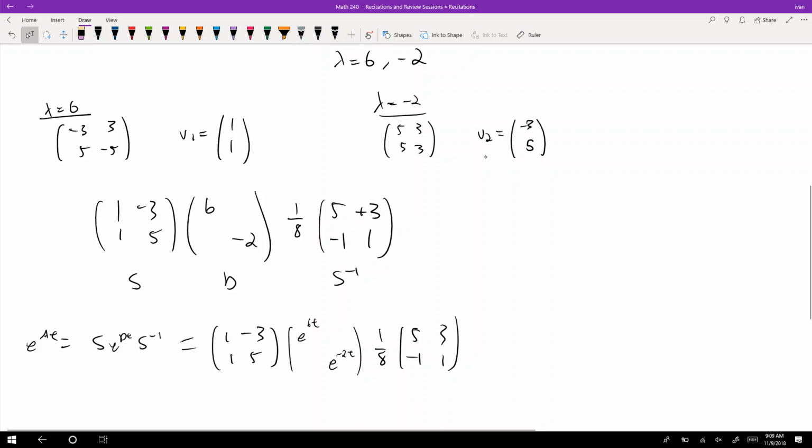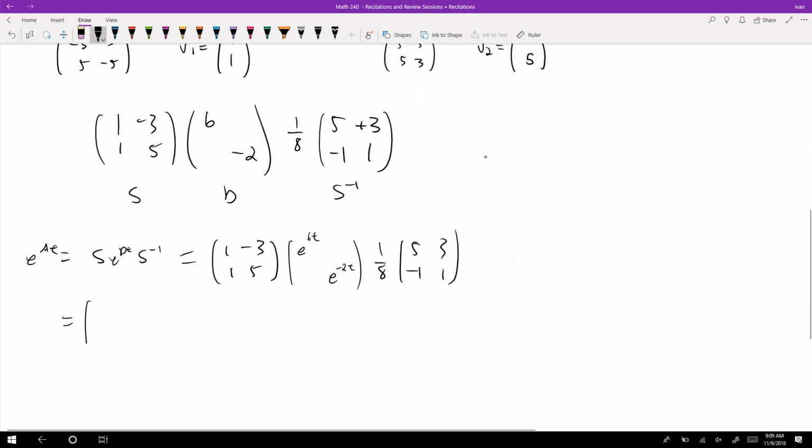For 2 by 2, you're going to be asked to multiply this out, but I'll just trust that most of you can do matrix multiplication at this point. So 5e to the 6t plus 3e to the -2t, 3e to the 6t minus 3e to the -2t. There's a 1/8 out in front.